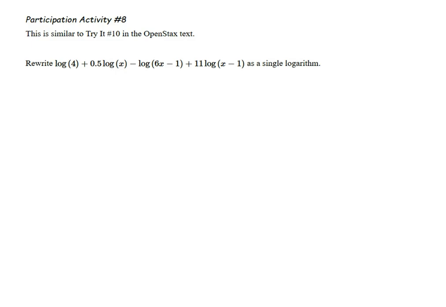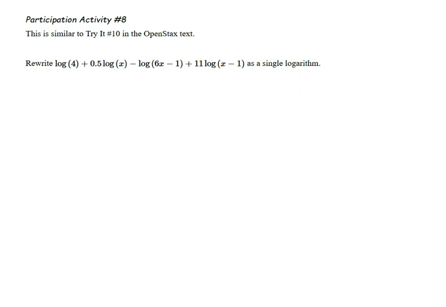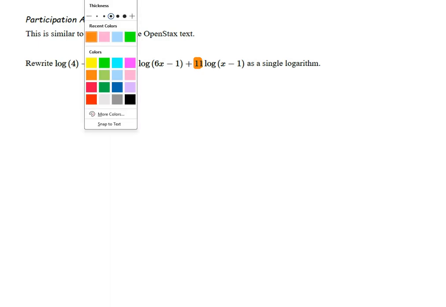Anyway, back again: rewrite this big long thing as a single logarithm. On this one, I'm going to use my orange pen. You have a 0.5 in front of that logarithm and an 11 in front of that. Whenever you have a coefficient like that, you have to fix that problem first.